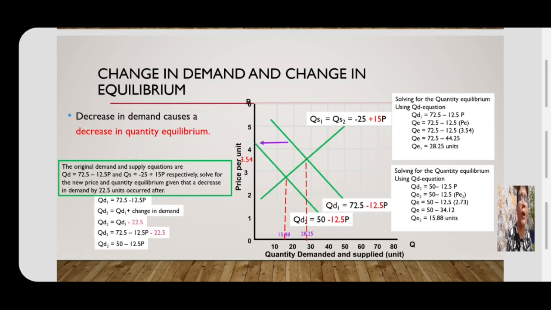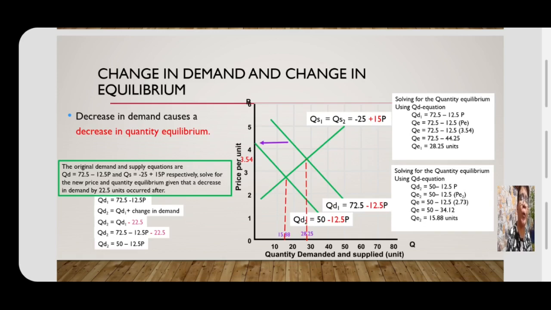Now we are to solve for the original quantity equilibrium and the new quantity equilibrium. And we can use the demand equation as our reference in solving for the quantity equilibrium.